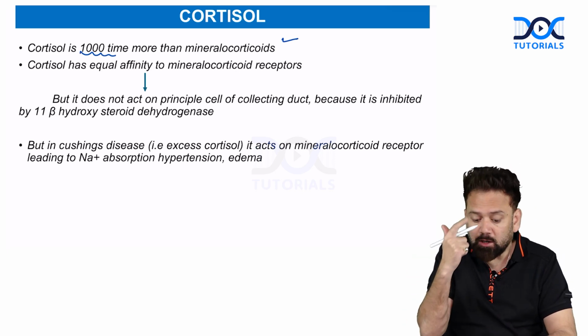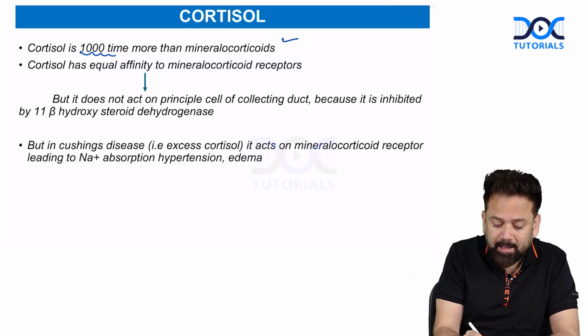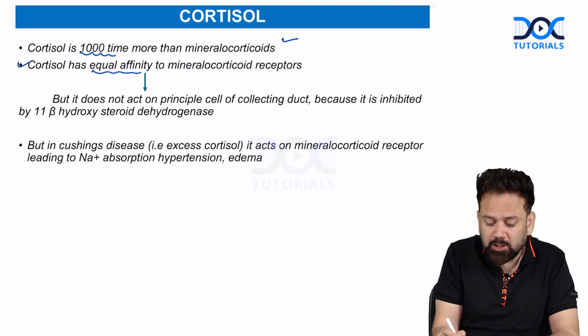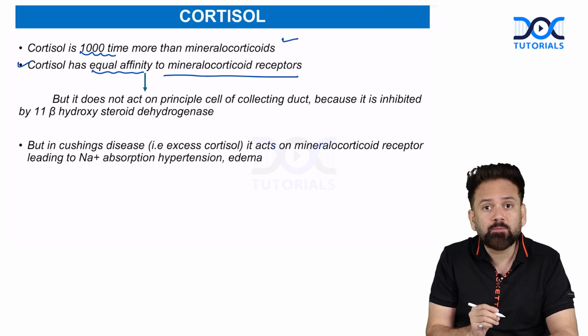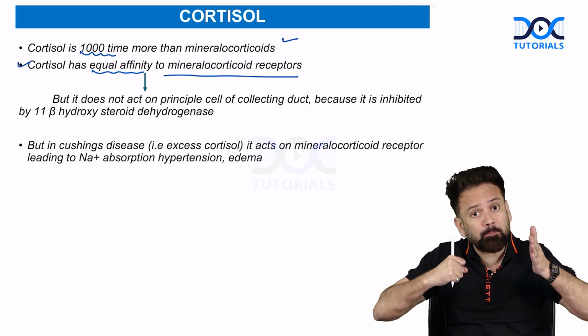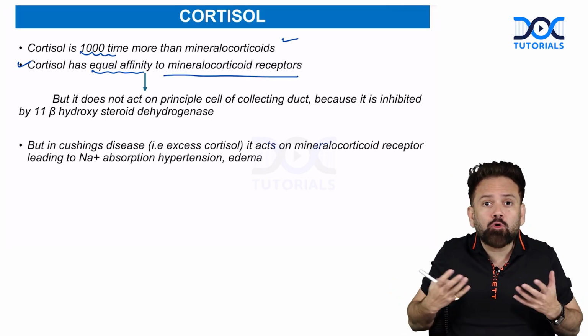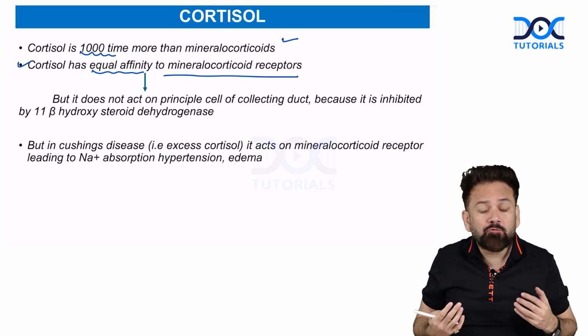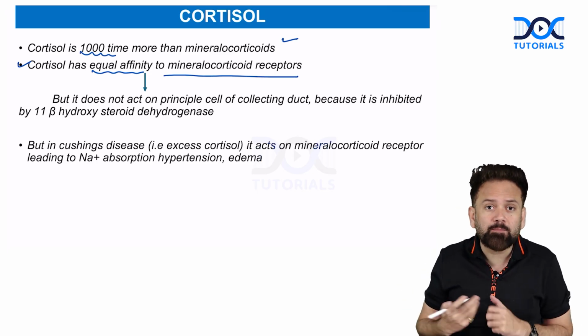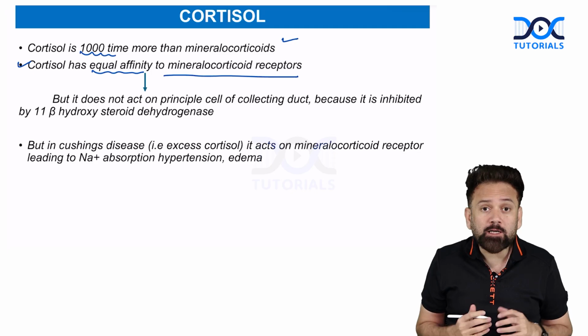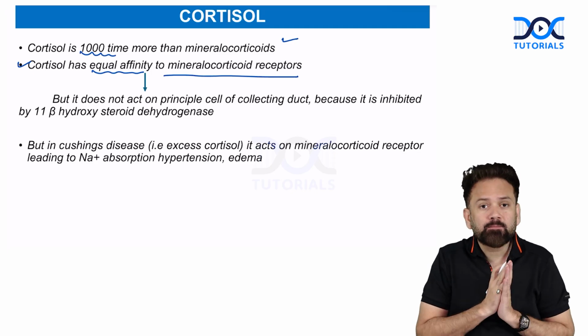Point number one. Point number two, cortisol has equal affinity to the mineralocorticoid receptor. So cortisol can bind like aldosterone, and it is even more. So why are we not saying that cortisol can absorb sodium like aldosterone? Why is it not absorbing sodium normally?